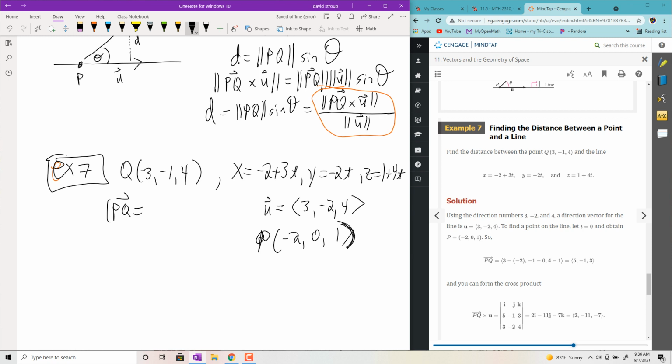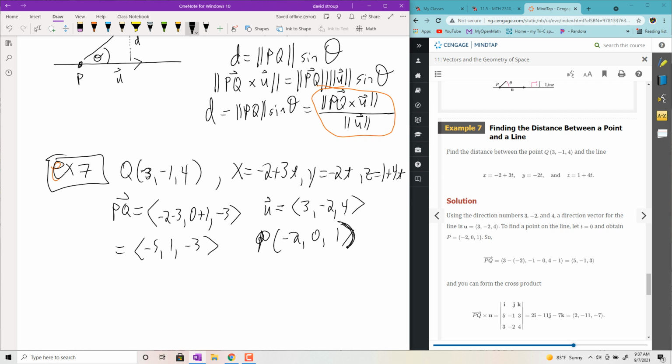So the vector PQ, taking the differences of those points, would be -2, -3, so that should be a positive 3. -2, -3, and then 0 minus -1, and then 1 minus 4, so -3. So PQ is (-5, 1, -3). Did I screw that up?